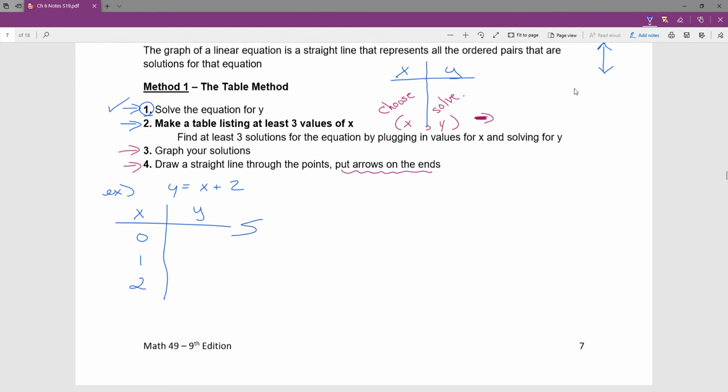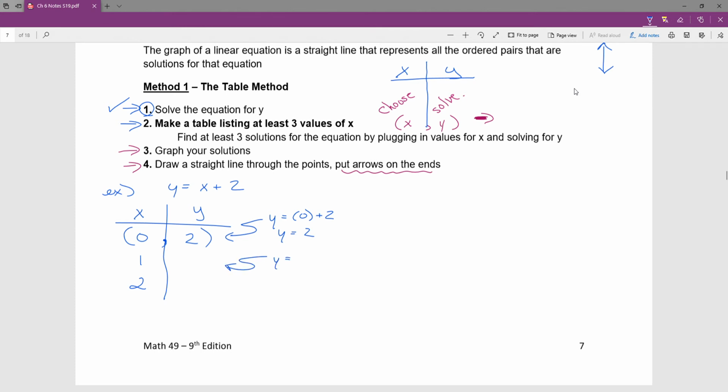What we're going to be doing now is solving for y when x equals 0. So y would equal 0 plus 2, or y would equal 2. That would be the first point on my graph, and I could see it as an ordered pair. Then I could get onto the other ordered pairs.